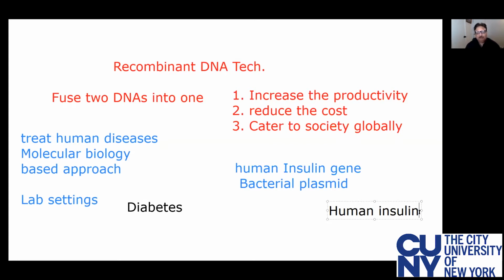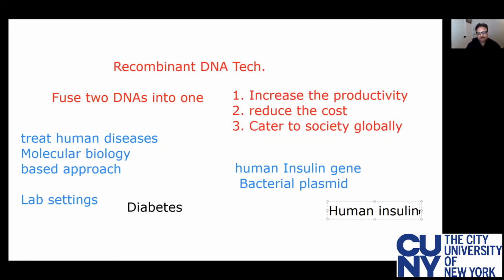That's the magic of our body. When there is a sugar up and down, our body produces insulin, but in a very tiny amount, and that cannot be commercialized. And we cannot do research on the human body because that's unethical. So we need an alternative strategy, and that alternative strategy is recombinant DNA technology.